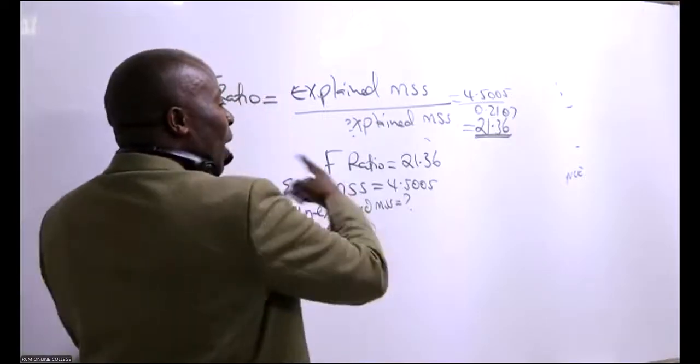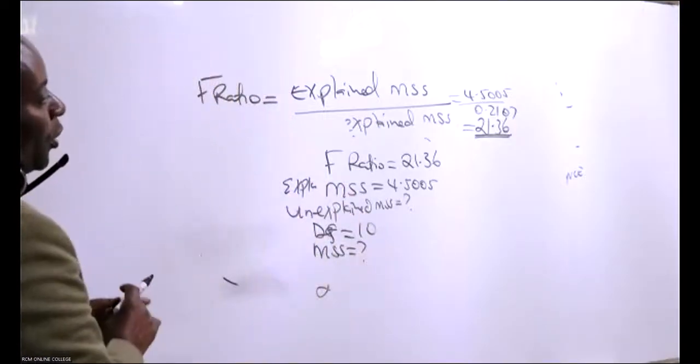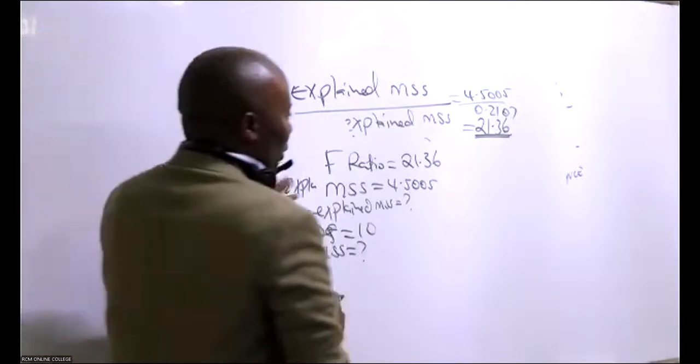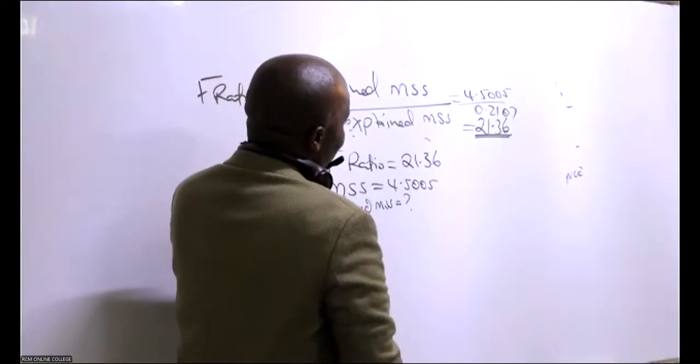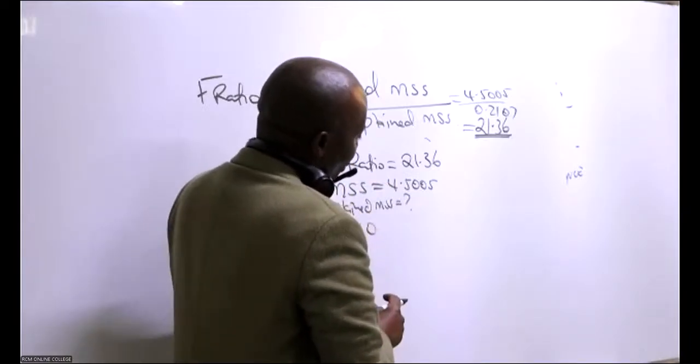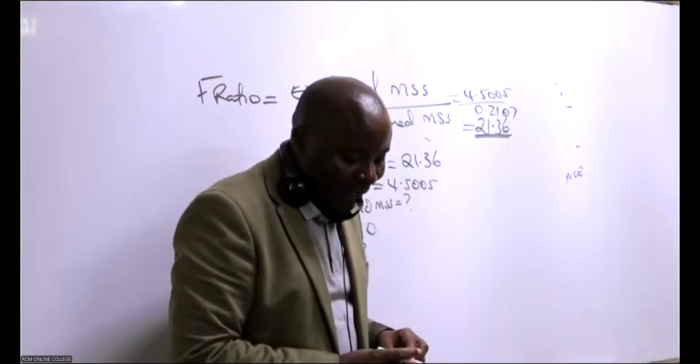So you can easily work backwards. So long as you're good in these formulas, you can never go wrong. The very best thing is for you to be conversant with these formulas. Once you have them, you can work backwards to whatever the examiner has given you.